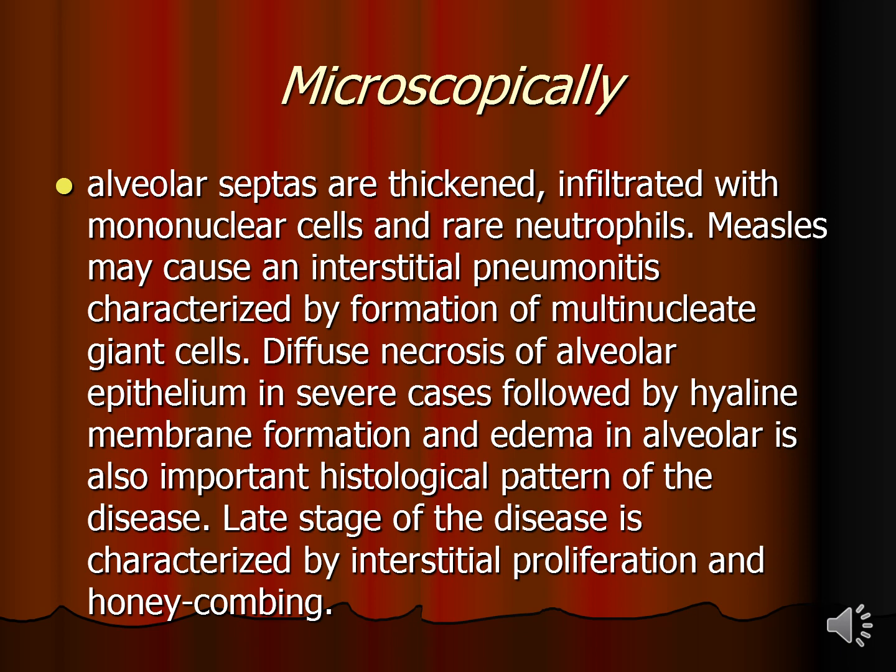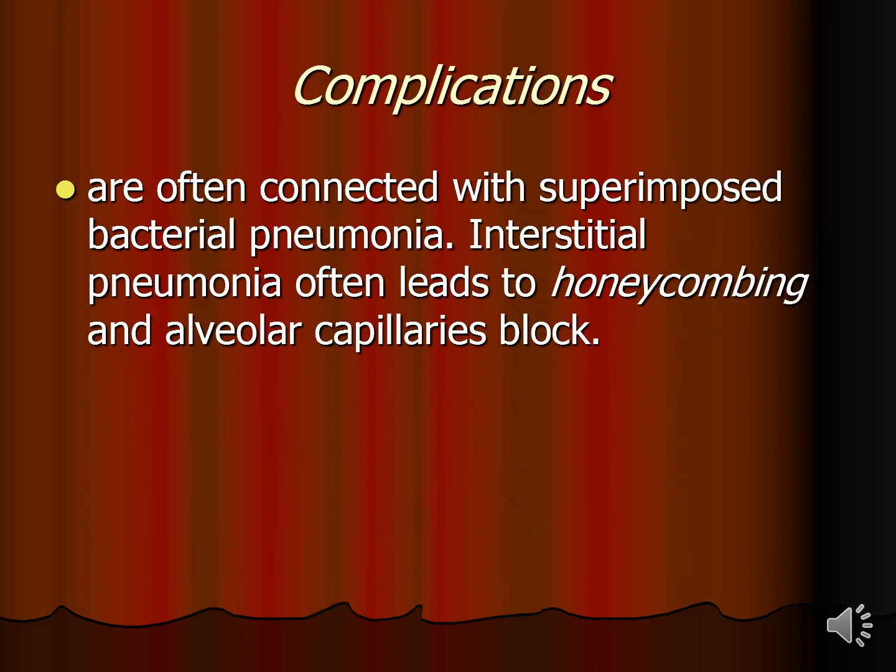Late stage of the disease is characterized by interstitial proliferation and honeycombing. So we see the lung, a so-called honeycomb. Therefore, in this case, the patient may die of lung and heart insufficiency.